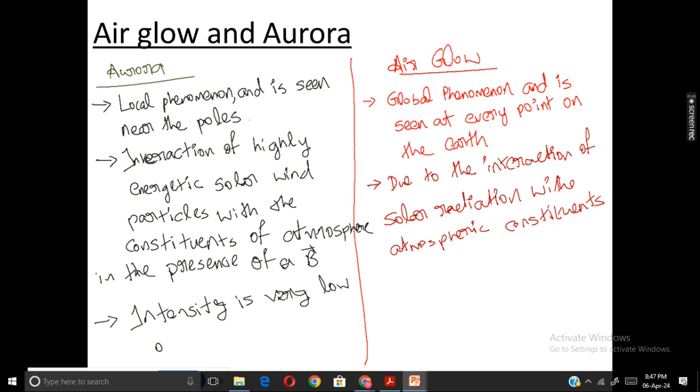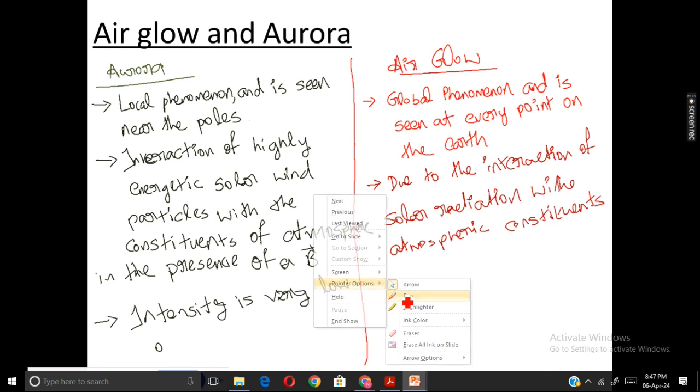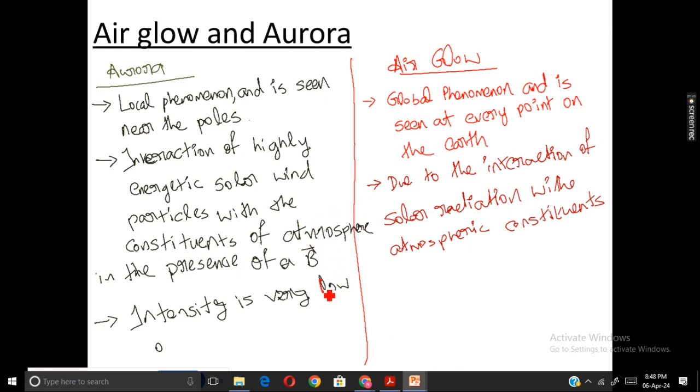The intensity of aurora is very high, whereas the intensity of airglow is comparatively less.